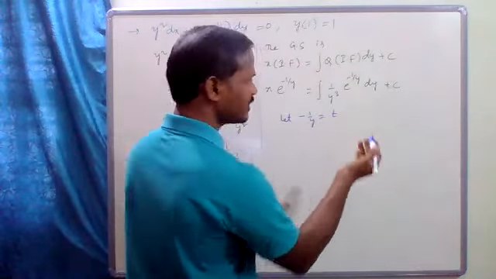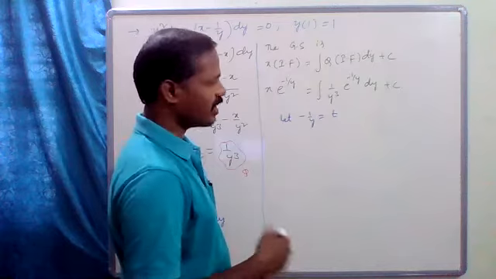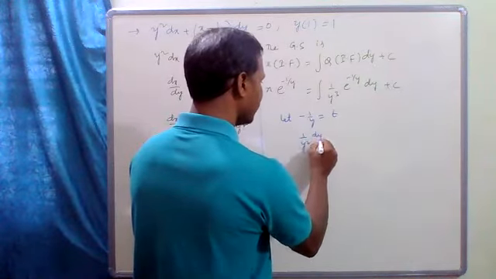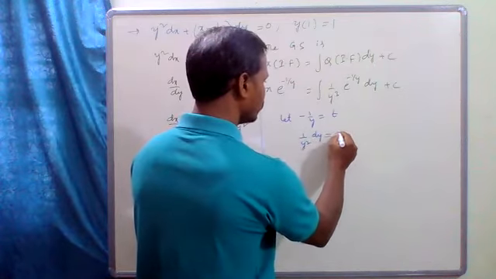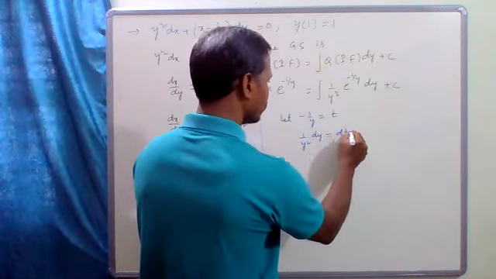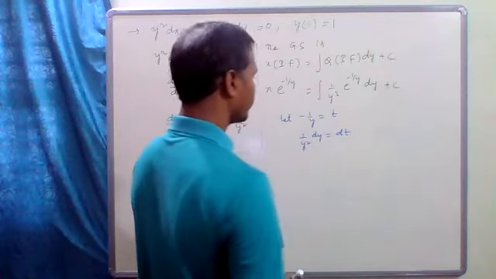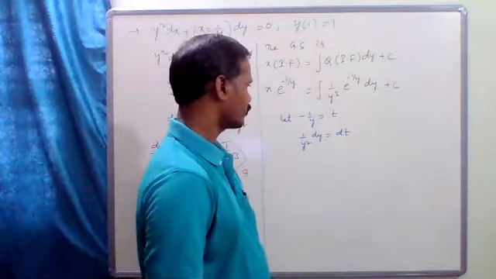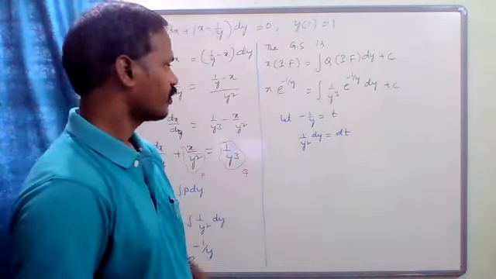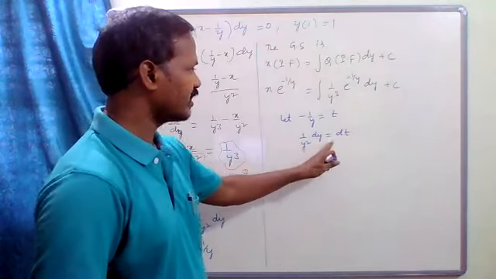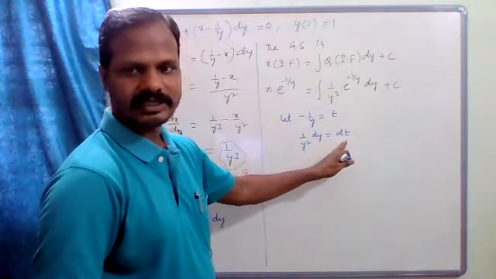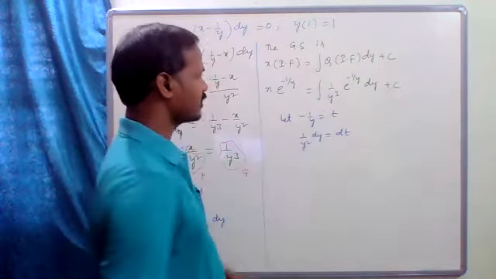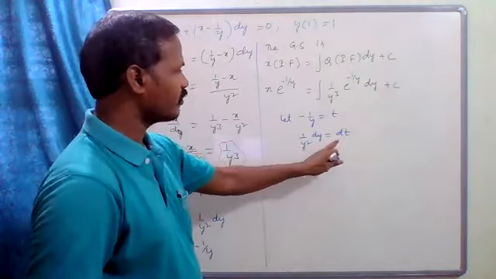Differentiating with respect to y on both sides, what you will get? 1 by y square dy equal to dt. Is it clear? Substitute: minus 1 by y equal to t, and 1 by y square dy equal to dt.